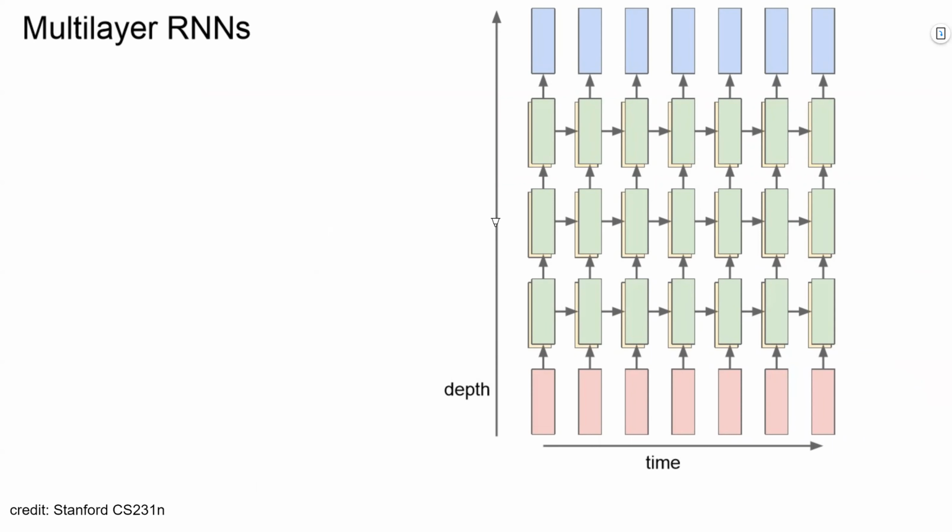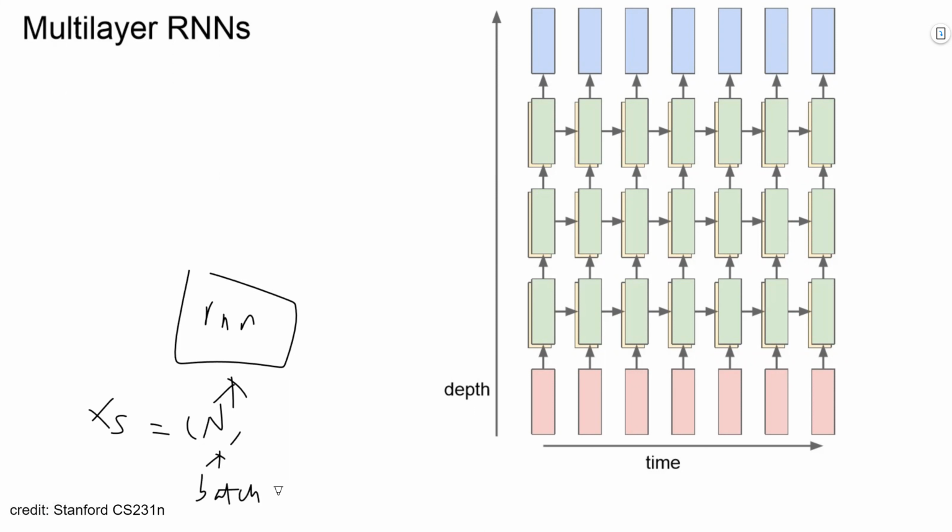And we talked about just RNN, a single layer RNN. However, to this RNN, what we feed is n number of batch. This is the batch size. And T is the time step.